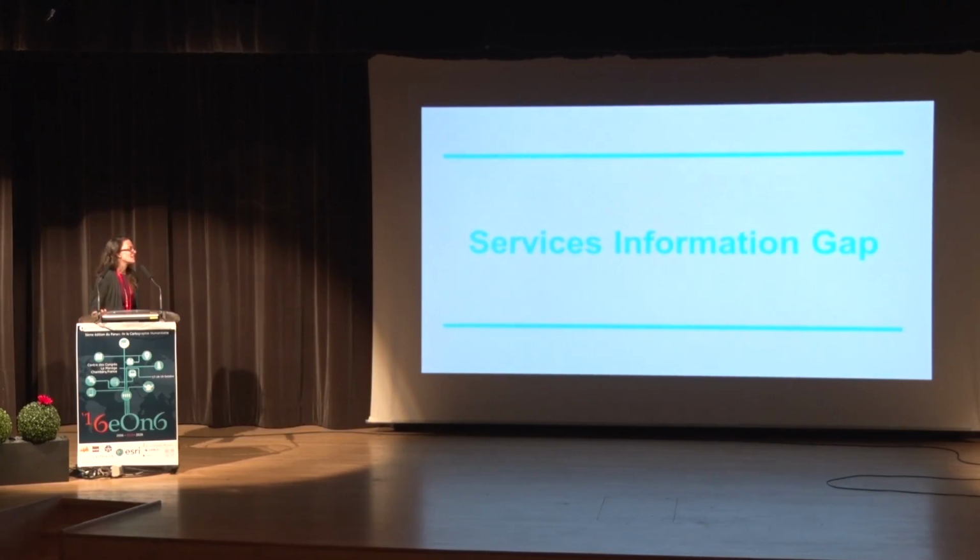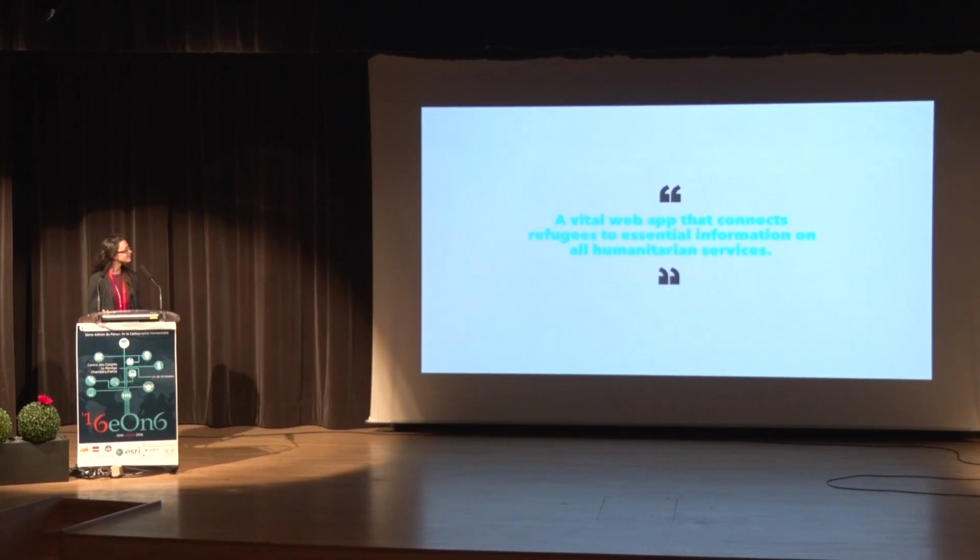And this highlights the idea of a service information gap, where there's service providers giving access to refugees and enabling access to health, education. And the refugees need to know that information. But sometimes we don't always communicate that in the best way possible. And so that's what this helps to try to work at.